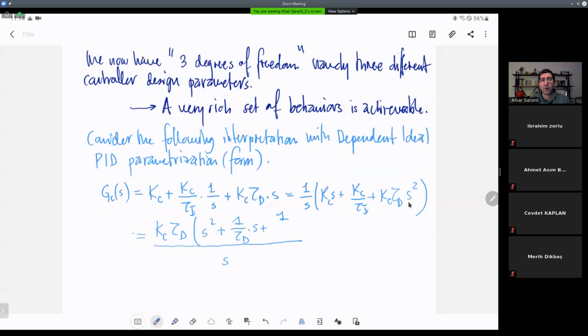So you see that everything becomes intertwined. All the three parameters have effect on each other. So you cannot really separate the design for different parameters. But essentially what you have is something like this. You have a gain, K, which is the combination of these two gains, Kc and tau d. And you have two zeros. Let's call them s plus alpha, s plus beta.